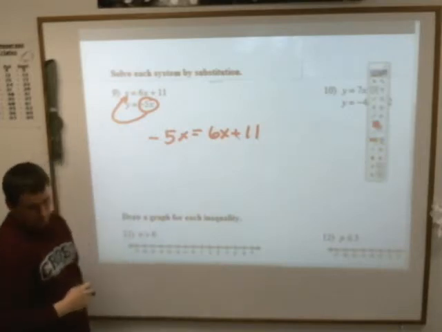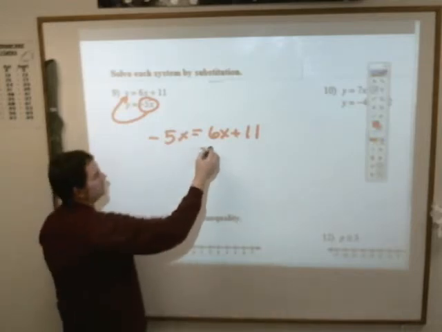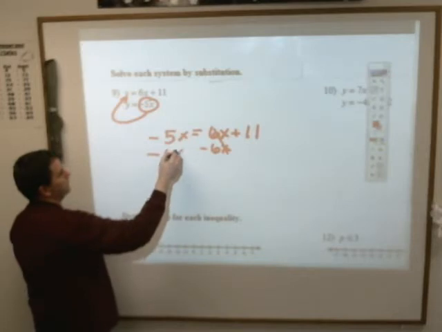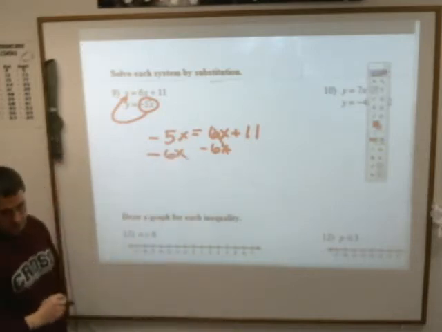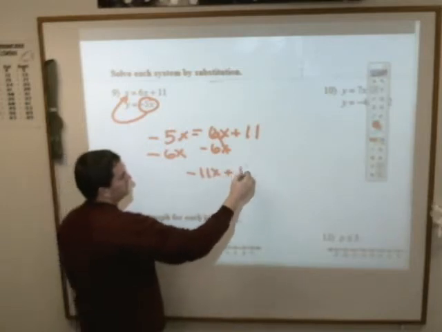And then I did -6x. Absolutely, -6x, that gets rid of the 6x there. What is -5x and the -6x? -11x plus 11.